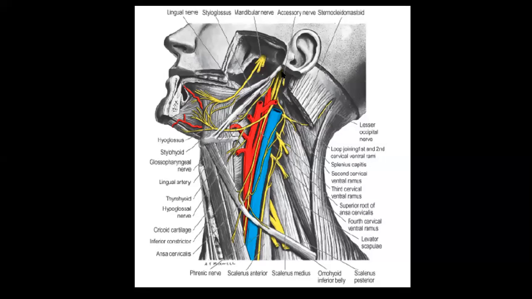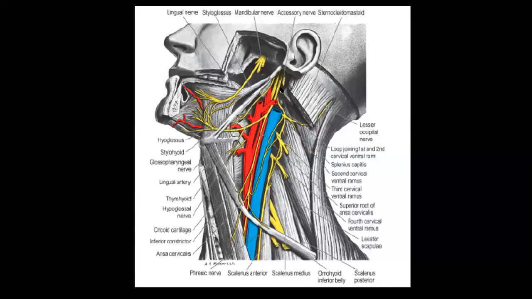Now look at the hypoglossal nerve, the 12th cranial nerve. Which triangles is it going through? Carotid triangle, then it enters the submandibular triangle, runs on the hyoglossus muscle and goes below the tongue and supplies the tongue.